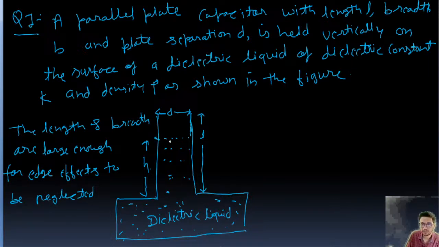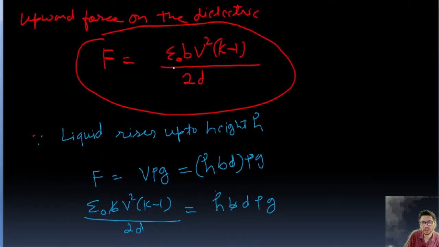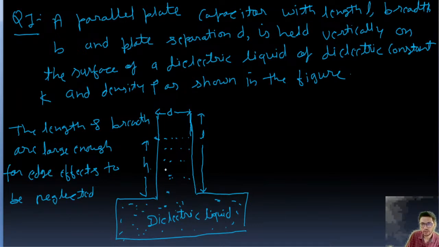For that we have a formula, and this happens because of the upward force. That upward force is equal to epsilon 0 b v square (k minus 1) upon 2d, which you need to note down. Here b is the breadth of the rectangular plate of the capacitor.